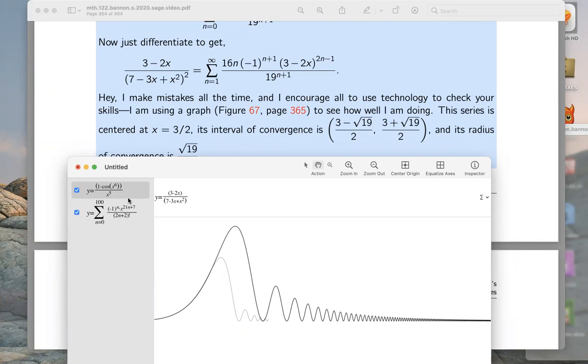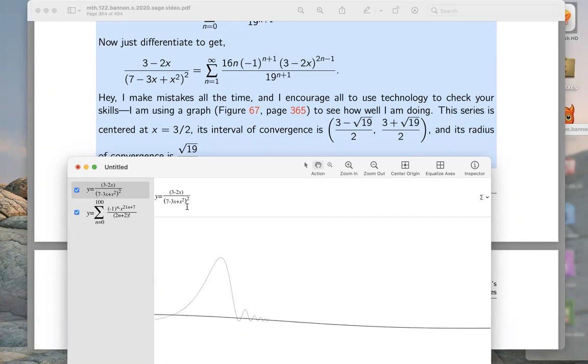Whole thing being squared, right? Oh boy, I'm really screwing up here. Okay, let me see if I did that right. 3 minus 2x, 7 minus x squared. Yeah, let me turn this off now.